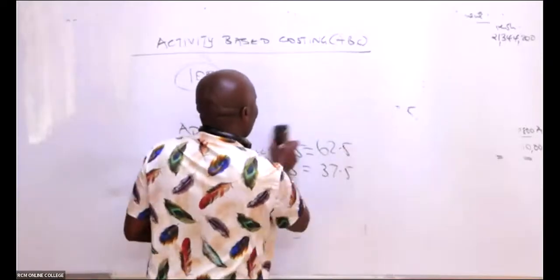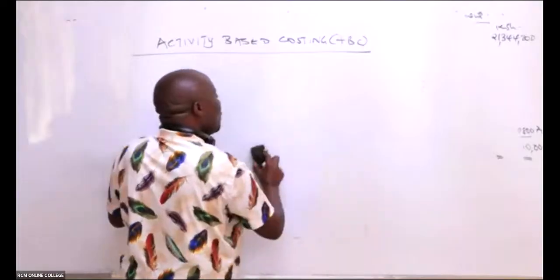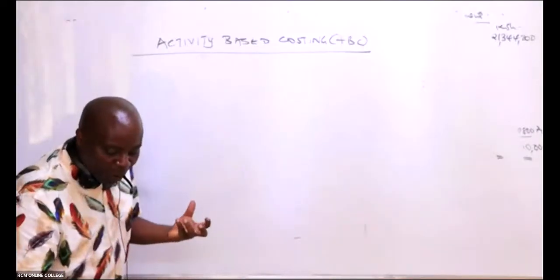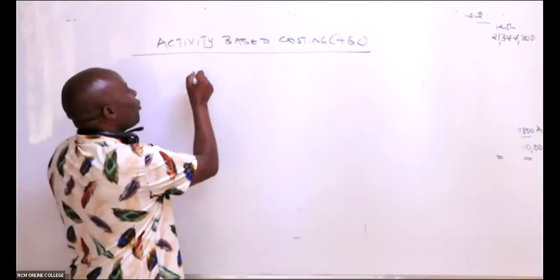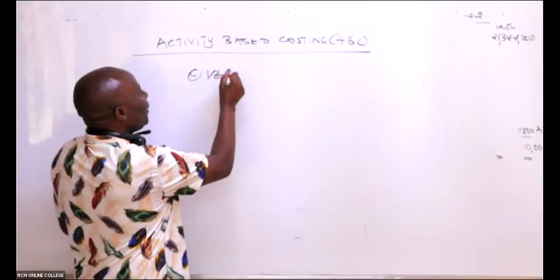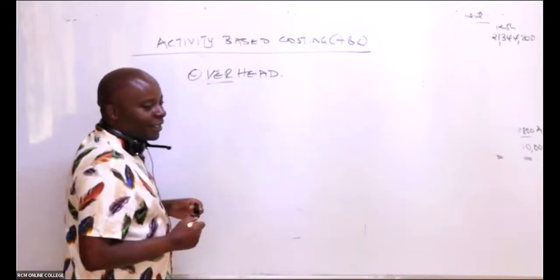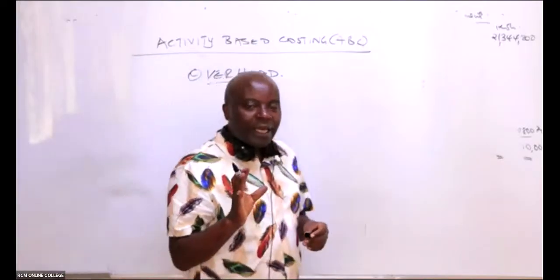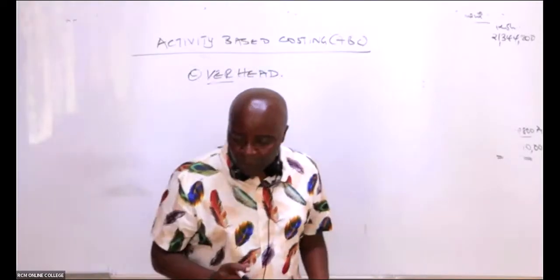Now, when we talk of the activity-based costing approach, ladies and gentlemen, first of all, you need to appreciate what we are doing in terms of apportioning these overheads. First of all, what is an overhead? From the name overhead, these are basically common expenses.